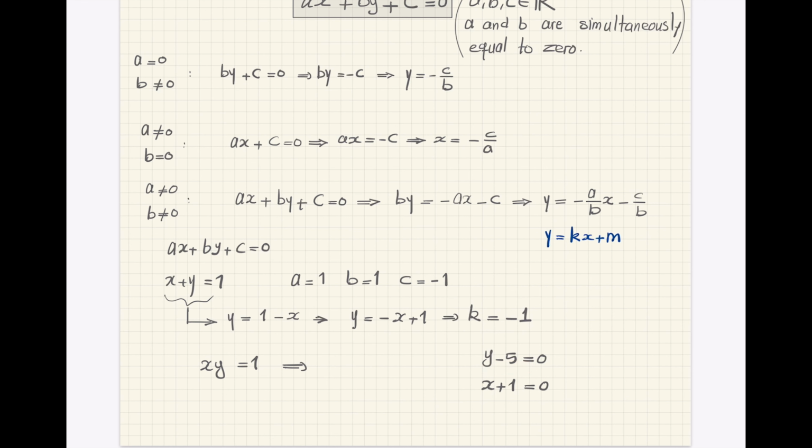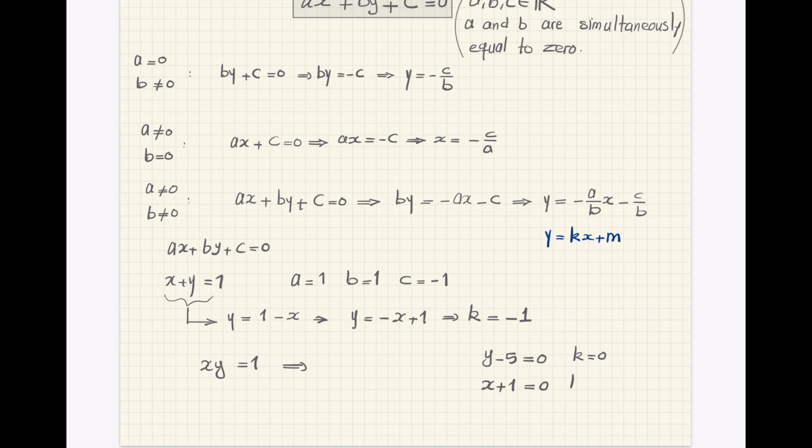Why is that? There are two reasons. First, there is no x here. When in your equation of the line there is no x, it means that your line is horizontal. If there is no y, it means it is vertical. If I have a horizontal line, the slope is 0.